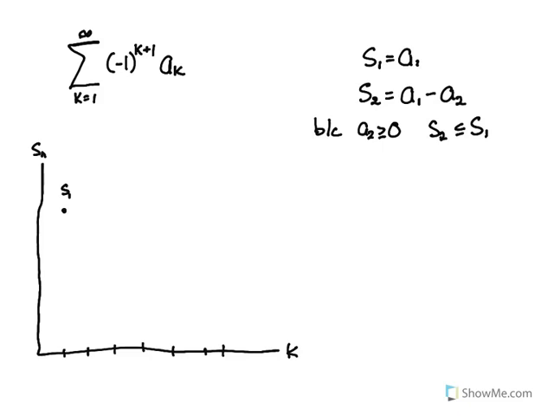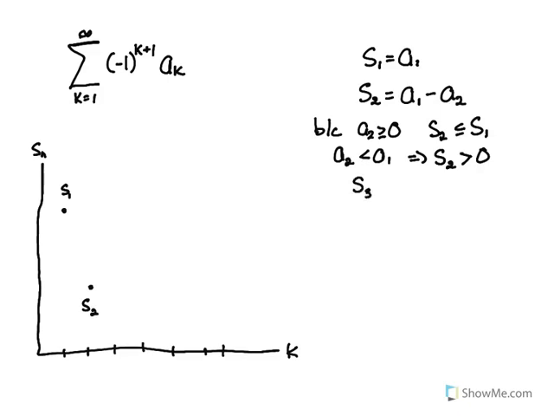But also, we know that the sequence a_k is decreasing, so a_2 is strictly less than a_1, which implies that S2 is still greater than 0, because it won't take us below 0. So let's draw S2 here on the plot. This here is S2.